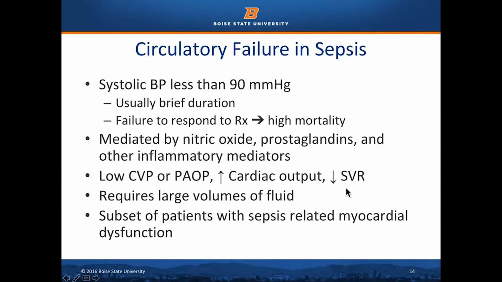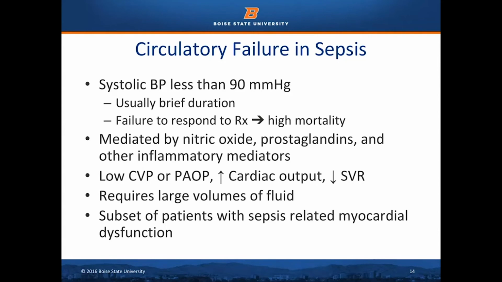And the mixed venous SAT, if they don't have too much of a hypovolemic component, may actually be high. It's not at all unusual for mixed venous SATs to be in the 80+% range, where normal is around 75%. They usually require large volumes of fluid to replace the volume that's been lost from the intravascular space.